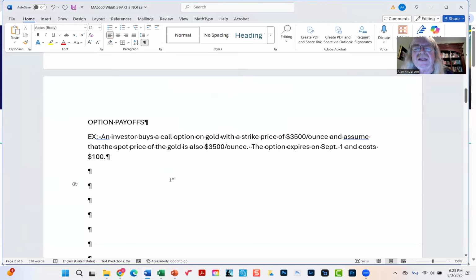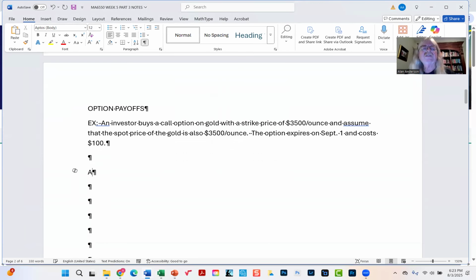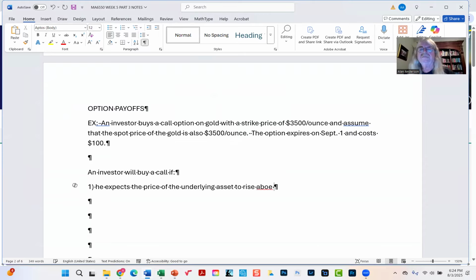Fine. All right. So now, an investor buys a call for one of two reasons. Number one, he expects the price of the underlying asset to rise above the strike price, or number two, he is hedging the risk that the price of the underlying asset will rise above the strike price.